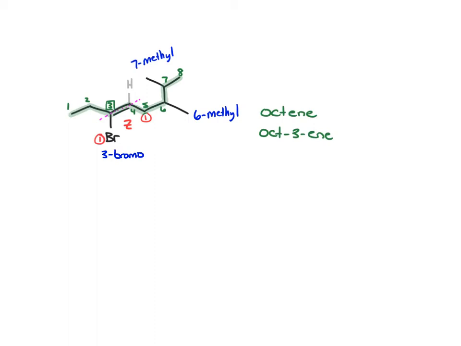Well, I think we're ready to assemble the name. Let's start with the configuration, which is Z. Sometimes people will put that in parentheses. If it's just one alkene in the molecule, you really don't need to.